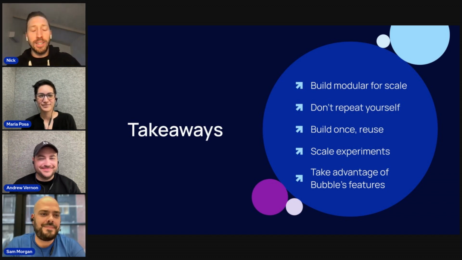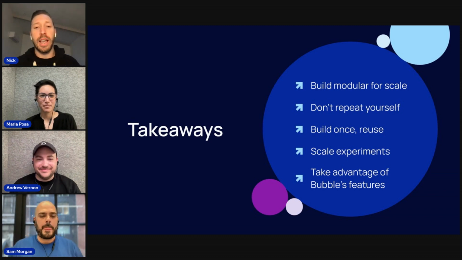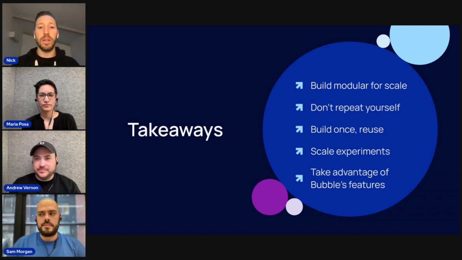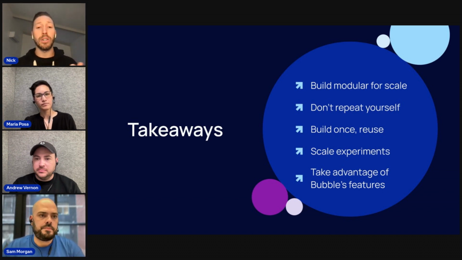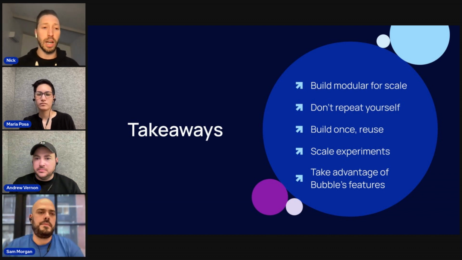So we covered a lot of awesome stuff in this session so far, and I want to just touch on a few things that we hope you take away from this session with us. The first is building modular and why we build modular in the first place. In short, you build modular to build for scale. And this really comes from this idea of don't repeat yourself, or DRY. It is way better to build once and reuse than it is to copy and paste or build from scratch each time.